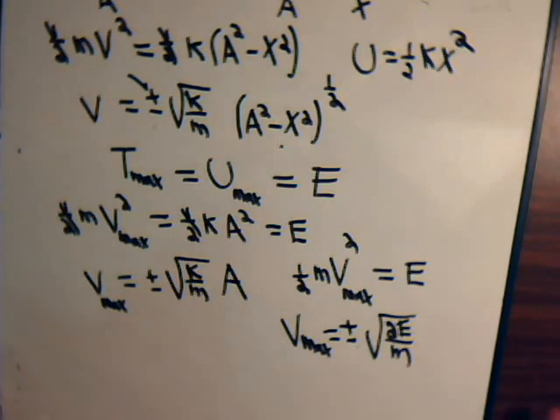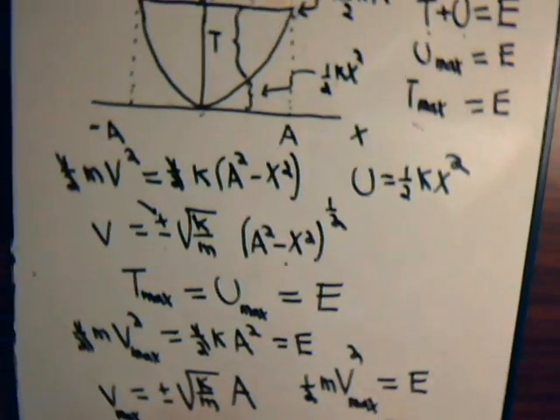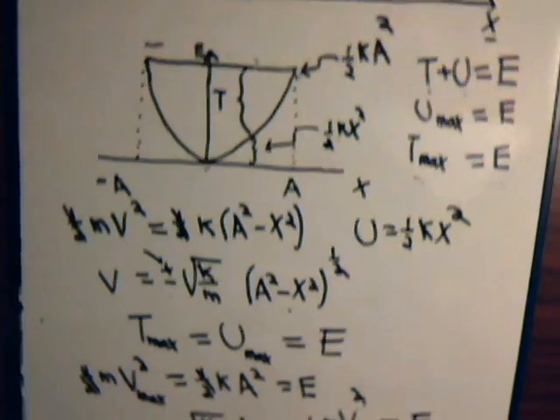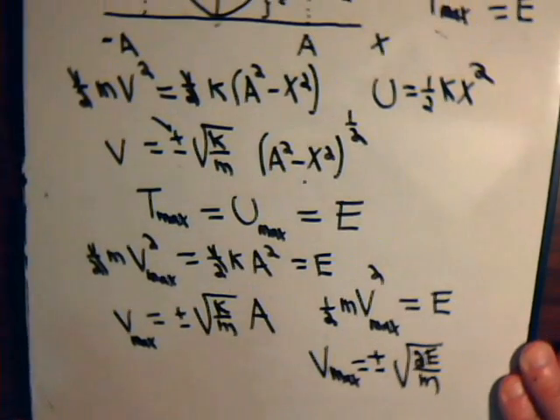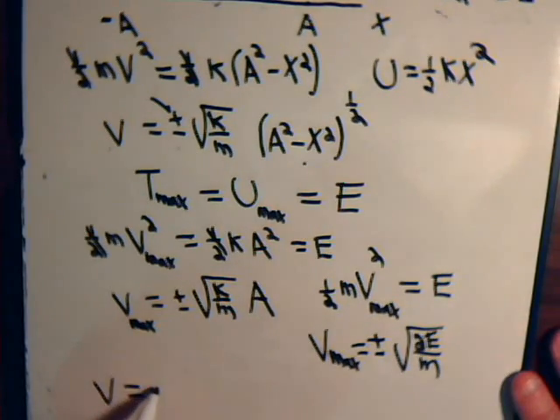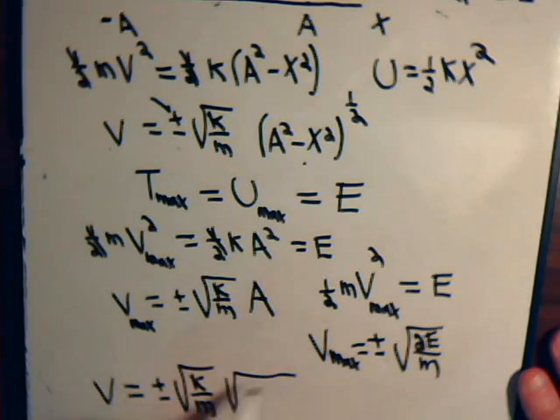But let's go to this expression. We had derived that v equals plus or minus the square root of k over m times the square root of a squared minus x squared.